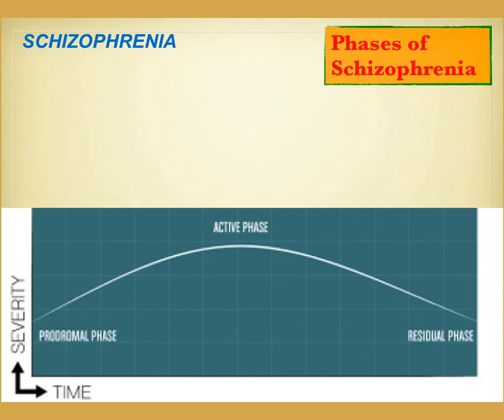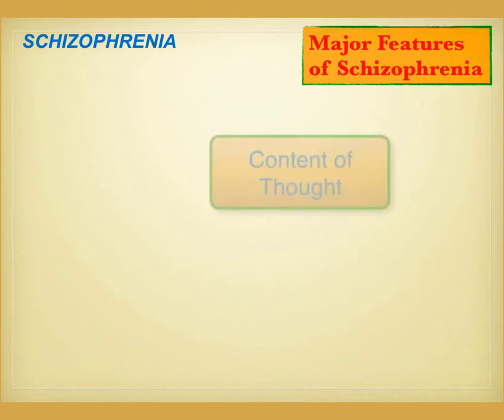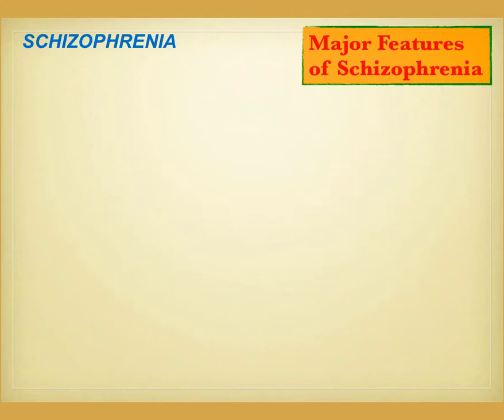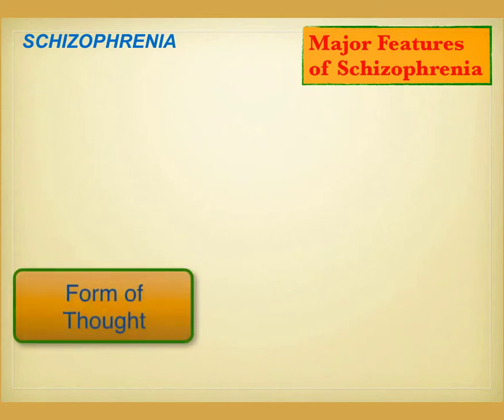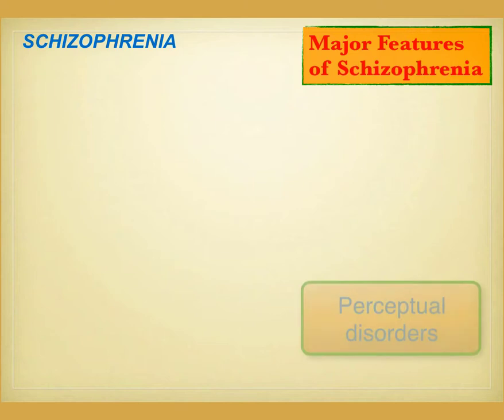Now, when we think in terms of schizophrenia, it is associated with some major features. Among the more predominant features are disorders in the content of thought, which include delusions. There are also, in this disorder, form of thought disorders, which are basically disorganized thinking, as well as the presence of perceptual disorders, hallucinations.